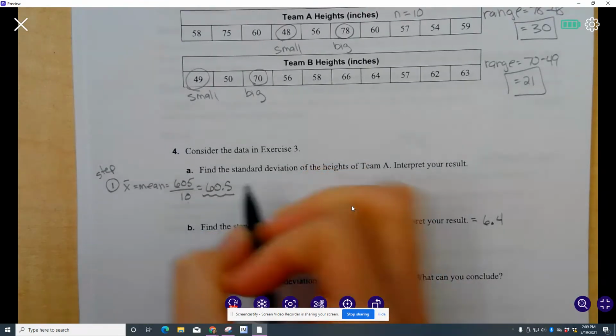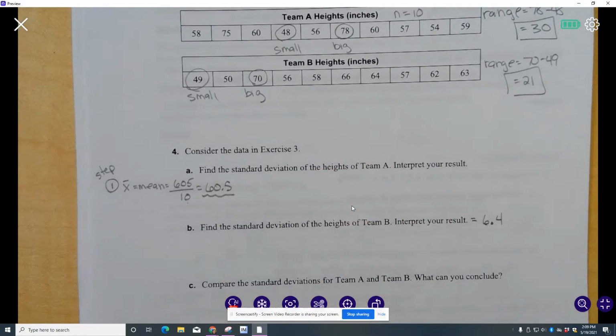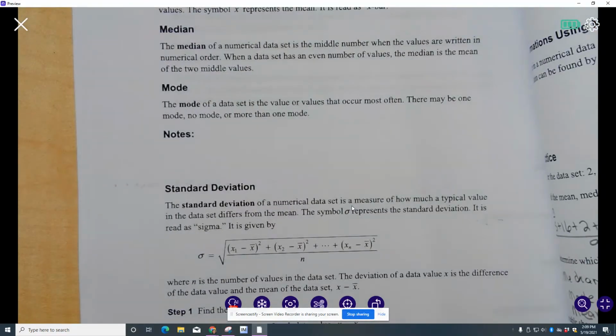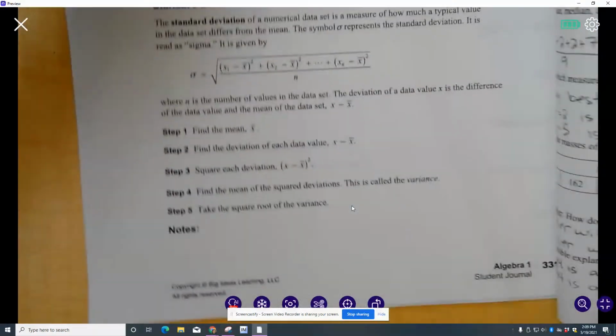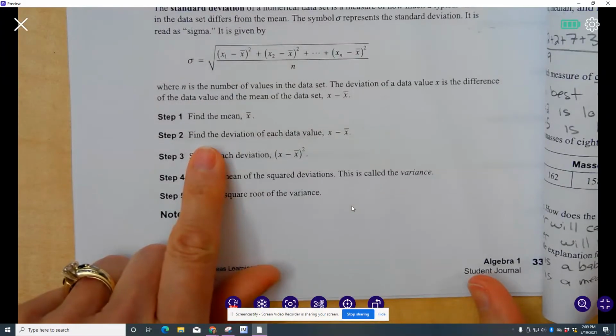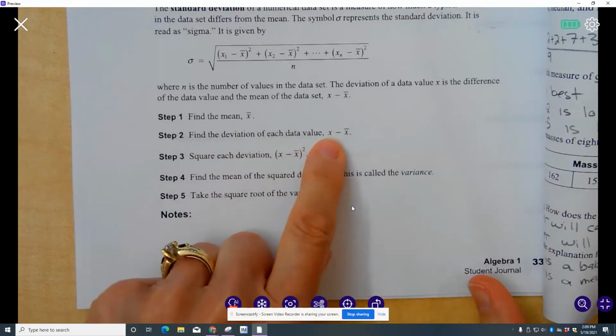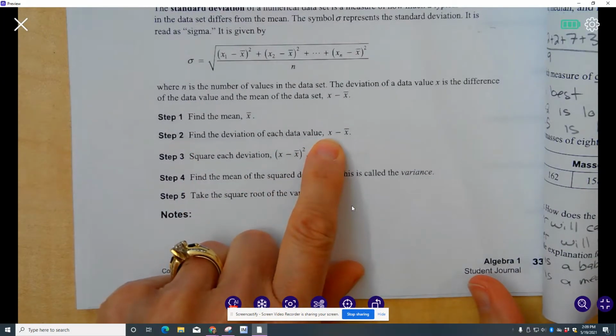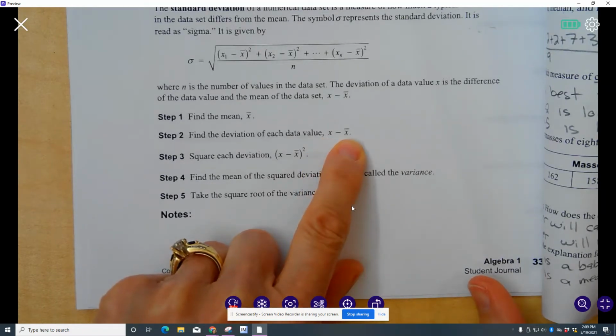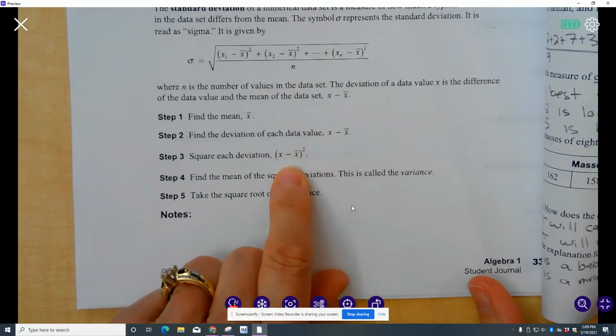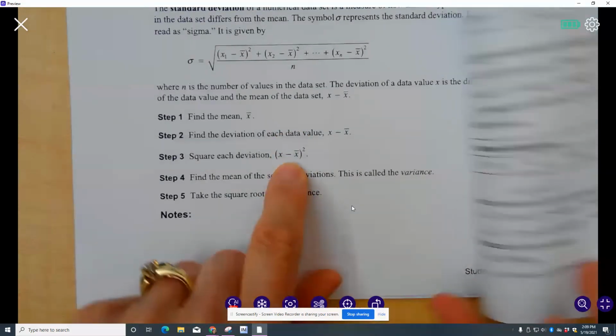This is important, but we are definitely not done. Now, steps 2 through 3, we're going to do all together. Steps 2 through 3 say take each height in our list, and we're going to subtract the mean from it. And then we're going to square that. So we're going to do this all at the same time.